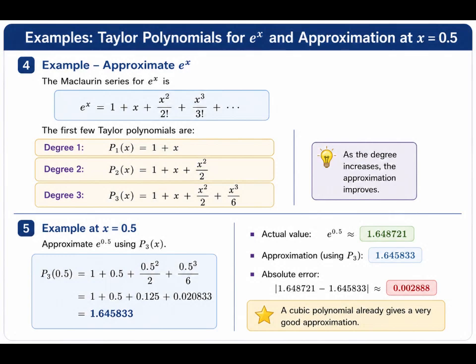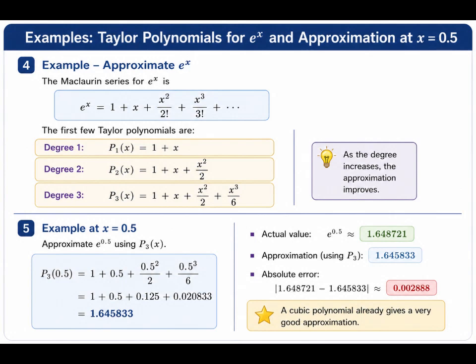To approximate e raised to the power of 1/2, we substitute x equals 0.5 into our third degree polynomial. Evaluating and summing these individual terms gives us an approximate value of 1.6458.